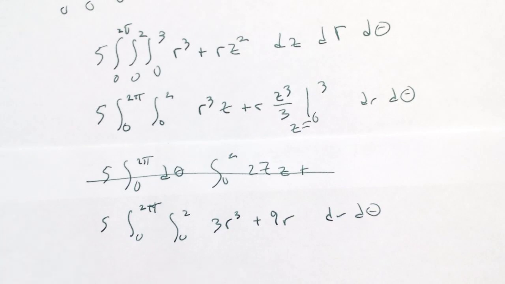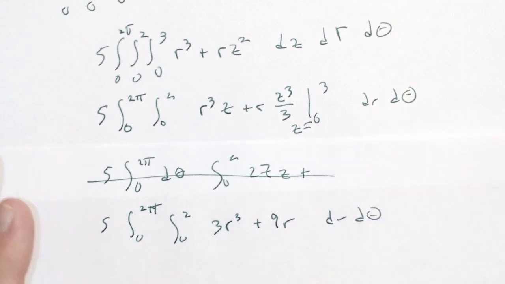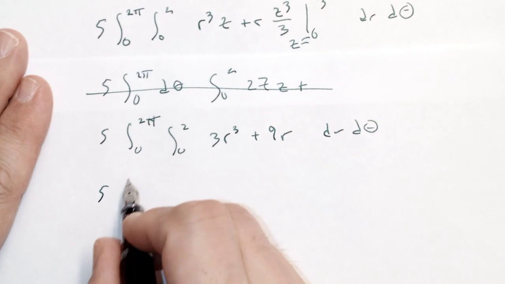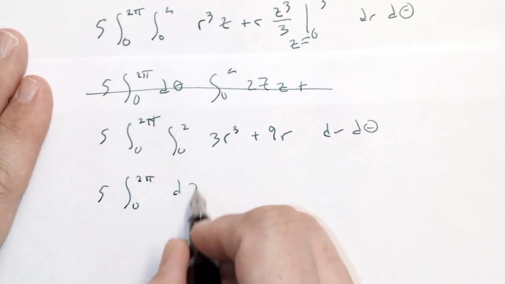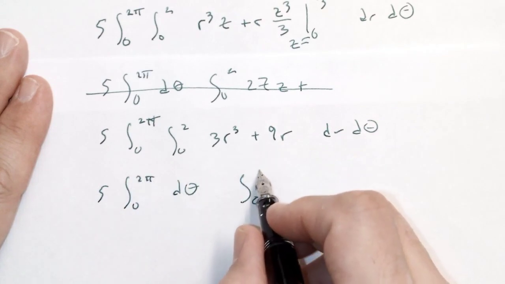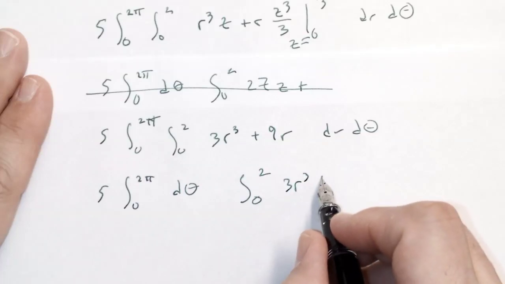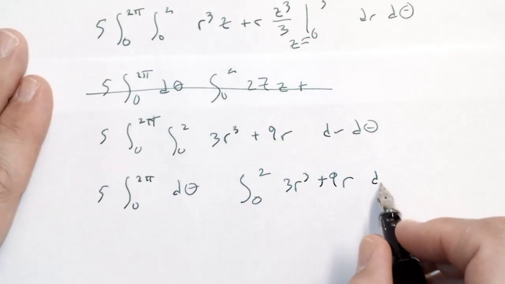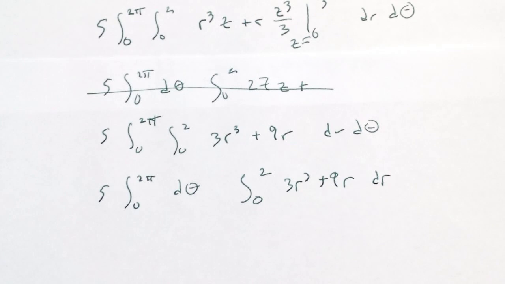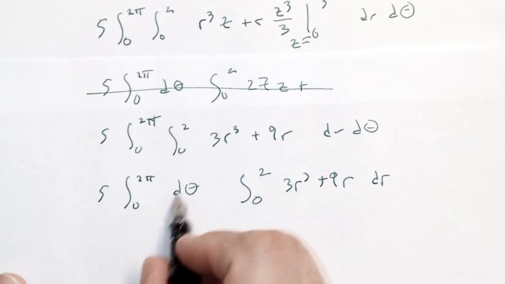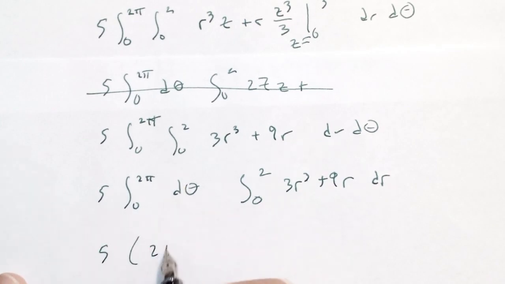I still separate it. I'm looking at this, I'm going, how am I getting an integral of z dr? I've screwed something up. See, makes sense. I got z's, but I should have a dr. That doesn't work. So 5 integral 0 to 2 pi d theta, integral 0 to 2, 3r cubed plus 9r dr. Now that's the right letter. That goes with that. This gives me a 2 pi.